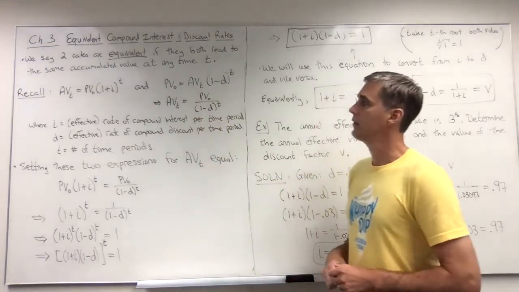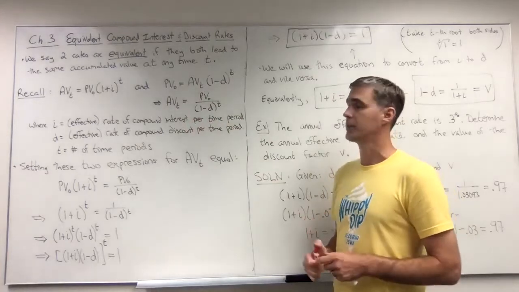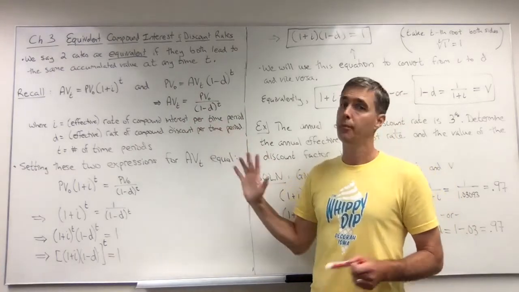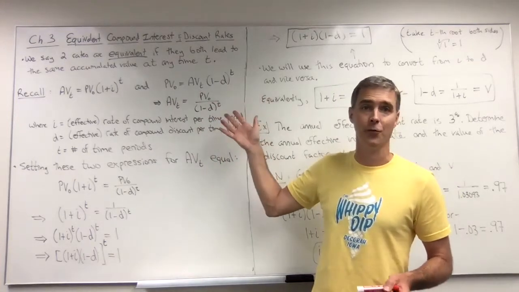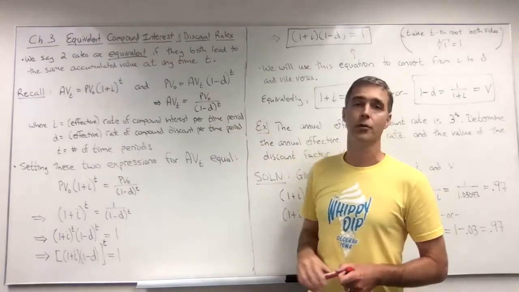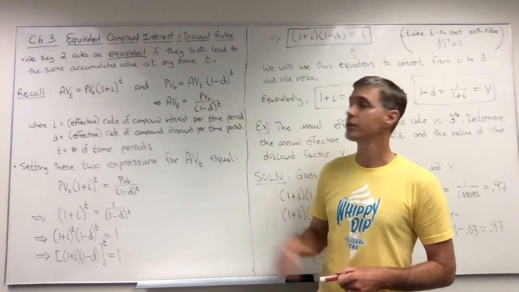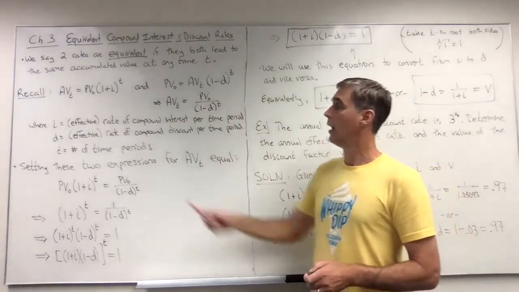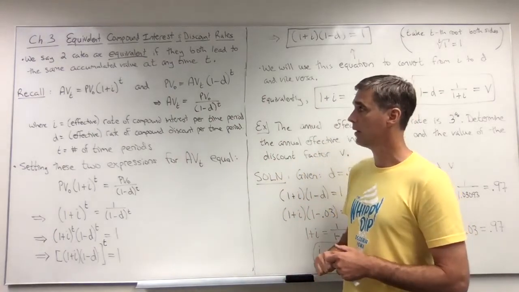All right, so i is the effective rate of compound interest per time period, d is the effective rate of discount per time period, and oftentimes in the examples it's been per year, but if everything is per month, nothing changes about the formulas. As long as we're all agreeing that our time period is 1 month now, we can use the same formulas. Or if everything's in terms of weeks, we're good to go, all right? And then t is the number of time periods, be it years, weeks, months, what have you, okay?